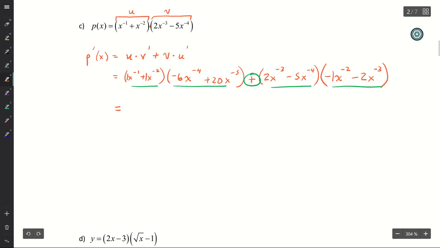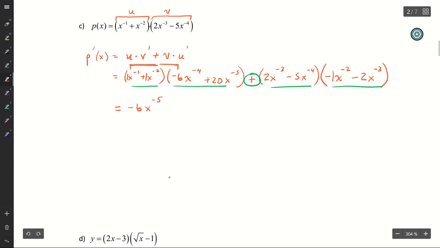Okay, so when you multiply the first two here, this one by that one, we'd be multiplying the 1 times the -6, which would give us -6, and then you'd be multiplying the x to the -1 times the x to the -4, which means you're going to add those two exponents. So that would become x to the -5.